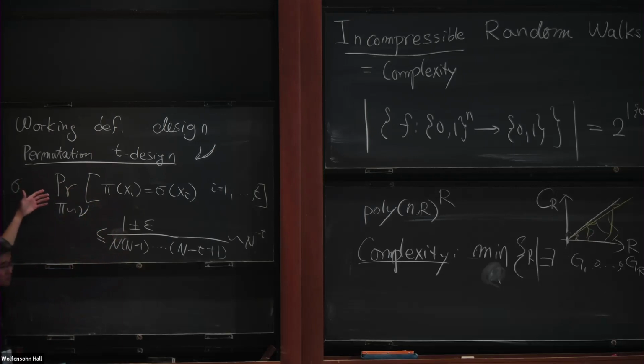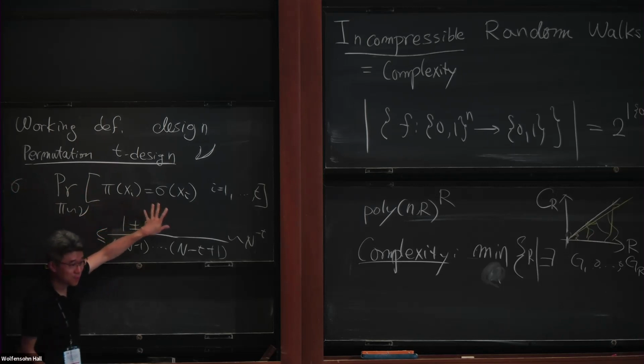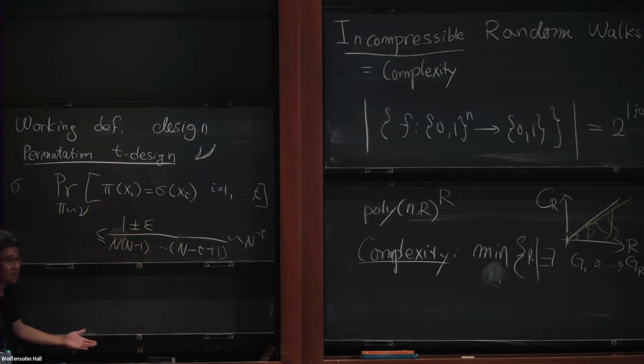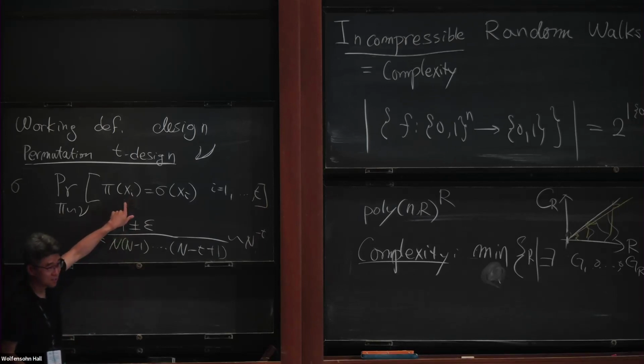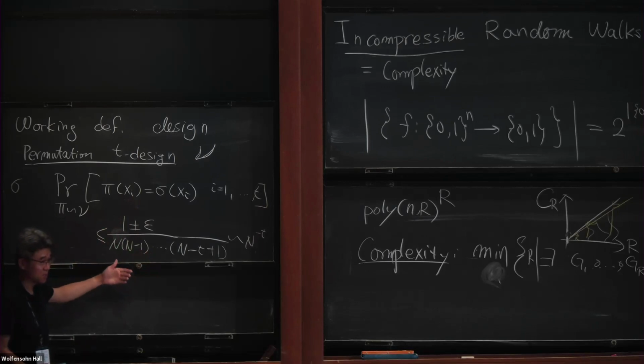And the requirement for it to be a t design in the working definition is that for any given permutation sigma, and for distinct bit strings x1 through xt, so t bit strings, all of them fixed, the image of the bit strings under the chosen permutation is matching the given one.